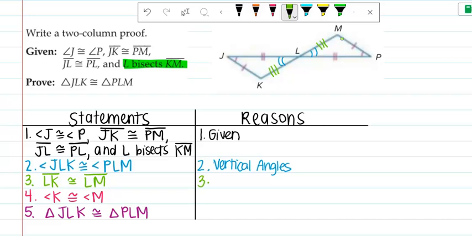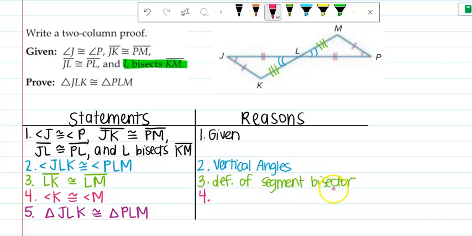If we bisect something, we split it and cut it into two equal congruent pieces. So that means that we have a segment bisector, not an angle bisector, specifically a segment bisector, because we're bisecting a segment. So we can say definition of segment bisector.